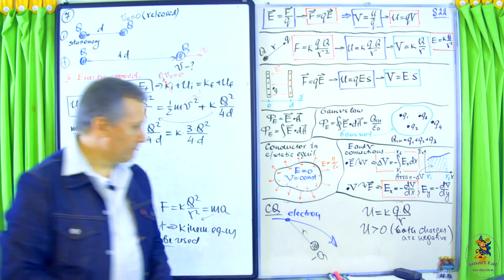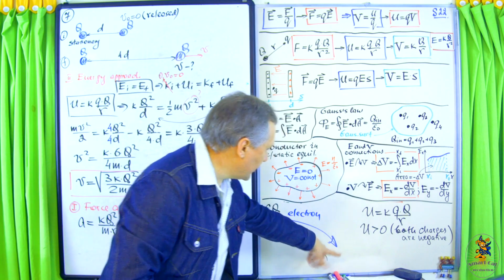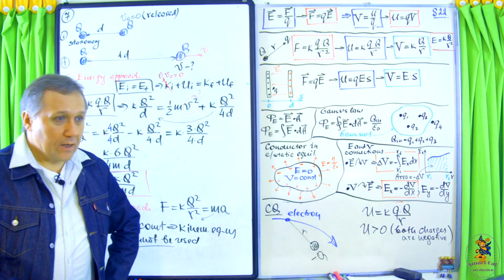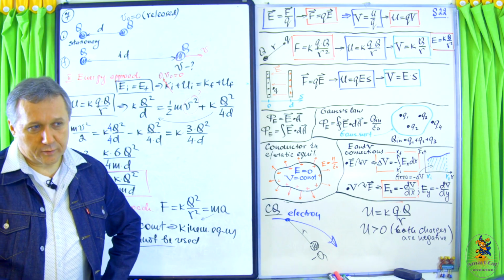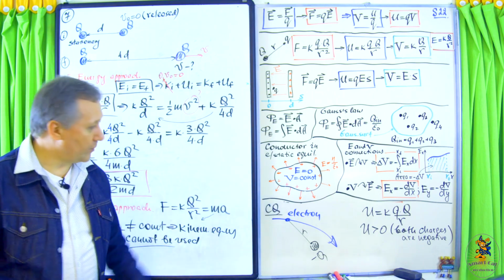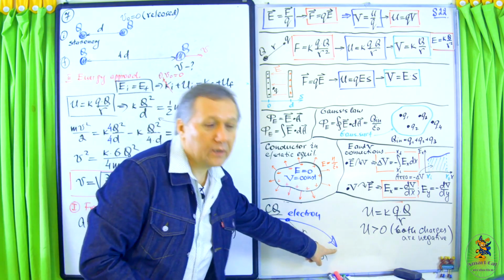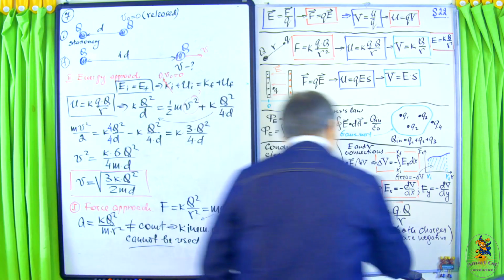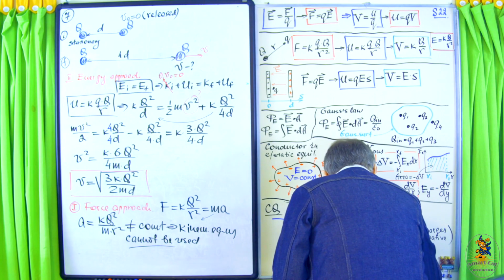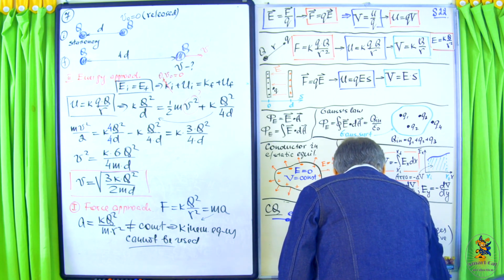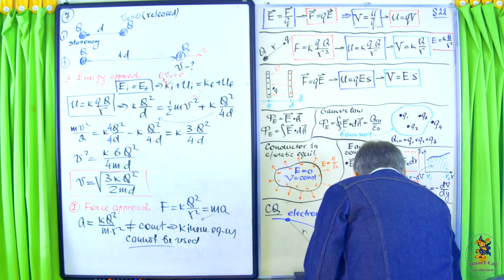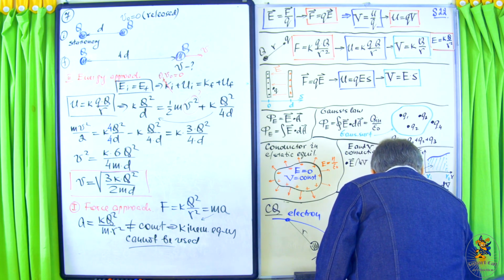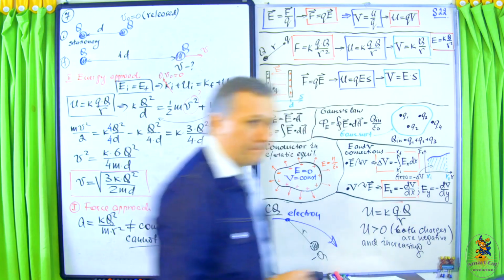Actually growing till this point, and then we don't know what this electron is going to do, how it is going to move. But between, for example, this point and that point, potential energy is going to be positive and growing. So U is positive and increasing.